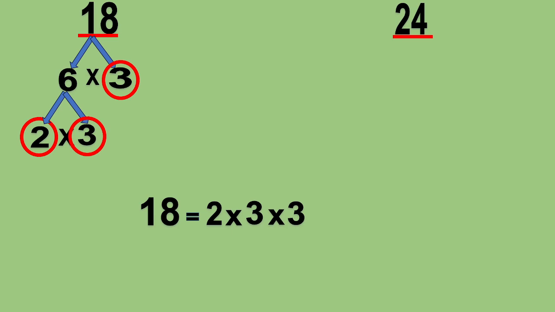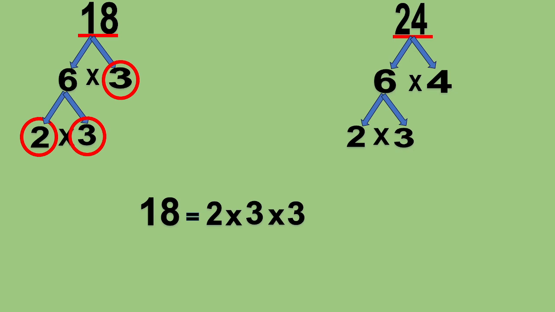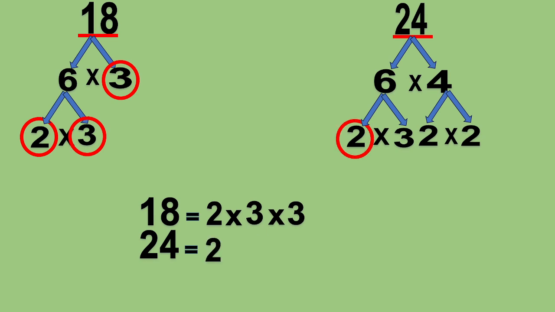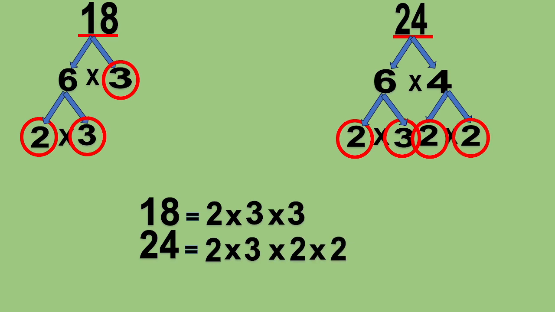Next, we make factor tree for the number 24. 24 can be factored into 6 times 4. 6 can be factored into 2 times 3. And 4 can be factored into 2 times 2. Now, list the prime factors of 24. We have 2 times 3 times 2 and times 2.